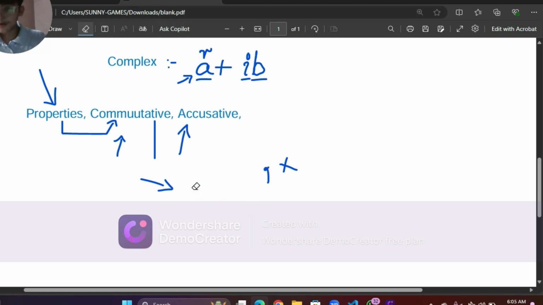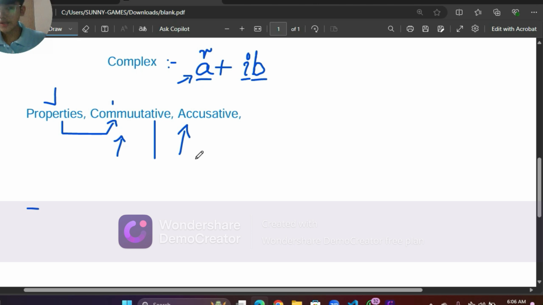But particularly at this stage in 1.2, 1.1 was all about complex numbers, and this is about properties. That can be properties of anything, like properties of trigonometry maybe. So as we were talking about our first property, that is commutative.